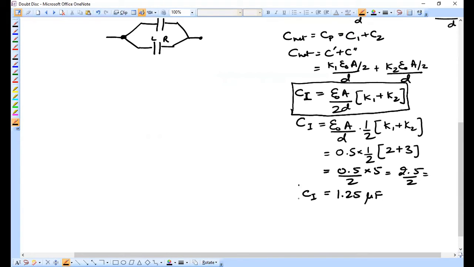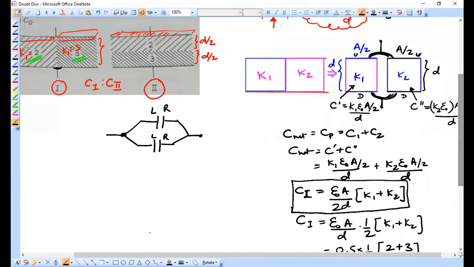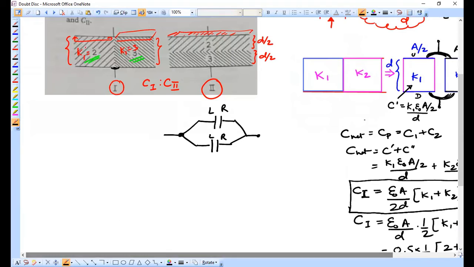So probably you might have understood how to find the net capacitance of orientation 1, when the dielectric has been inserted in such a manner that it occupies the entire space but half of the area of the plates.